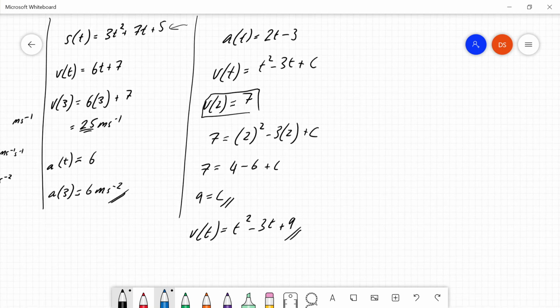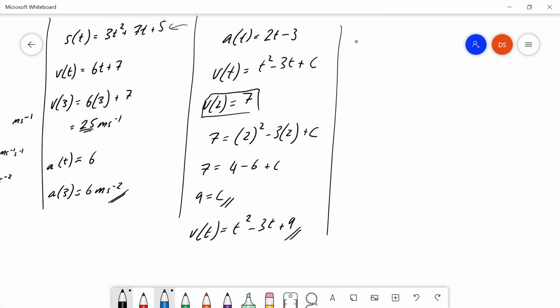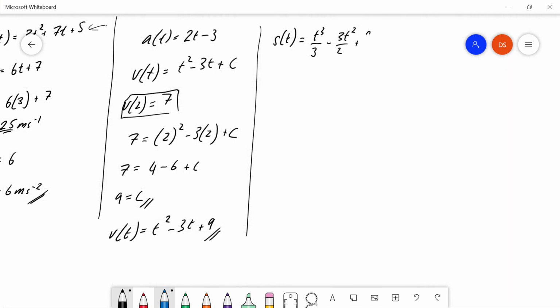Now, if I were to continue this and I said, let's find the distance, I can anti-differentiate this and go forward. So add 1 to the power, divide by the new power, add 1 to the power, divide by the new power, add 1 to the power, divide by the new power, plus a constant. This time it's going to be a different constant. So for a different constant, I'm going to write d, because it's not the same c as I had before. Suppose I was told s of 0 is equal to 5.